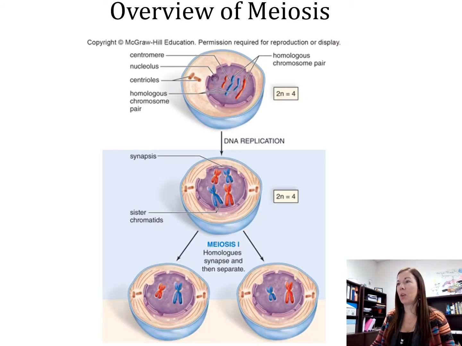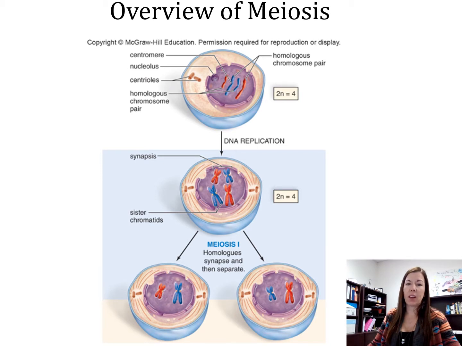So this shows you just an overview of meiosis. If you look, you start out with the parent cell that's diploid. This is still diploid. DNA was reproduced before, during interphase, and then here are your reproduced sister chromatids. But also, if you look at the different coloration, there are also homologous pairs.